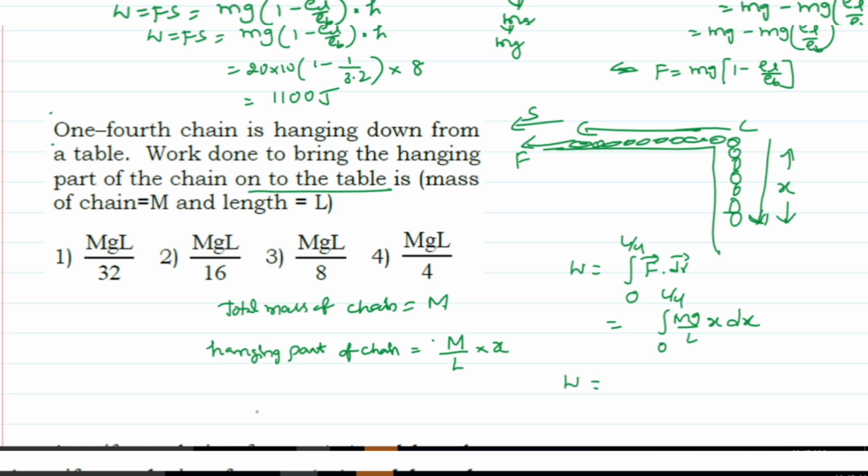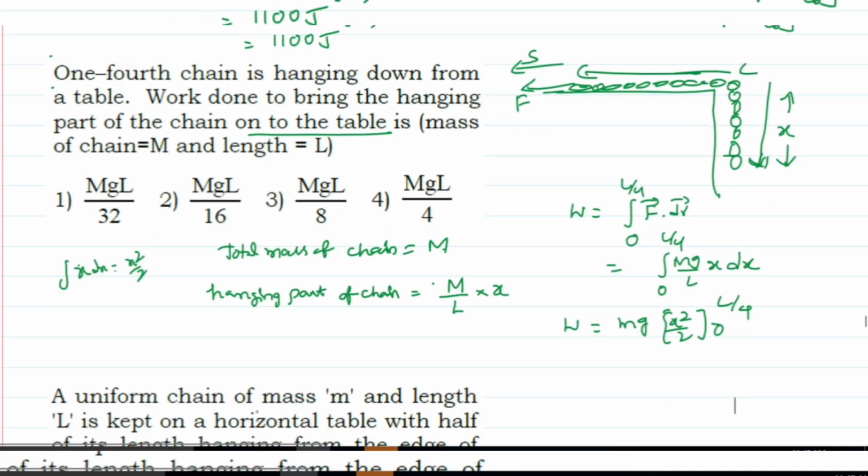Now the work done is equal to mg by L into the integral of x dx. The integral of x dx is x square by 2, between the limits 0 to L by 4. Now simplify this one.